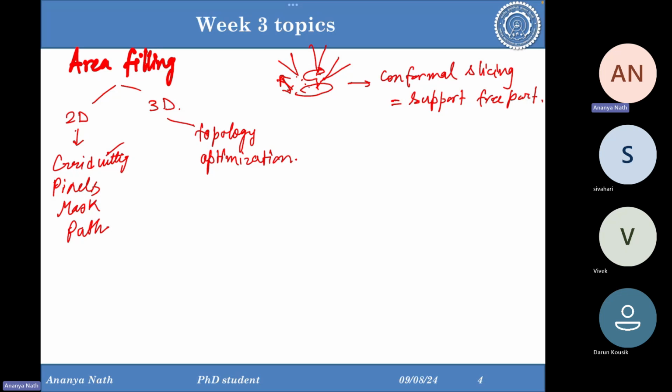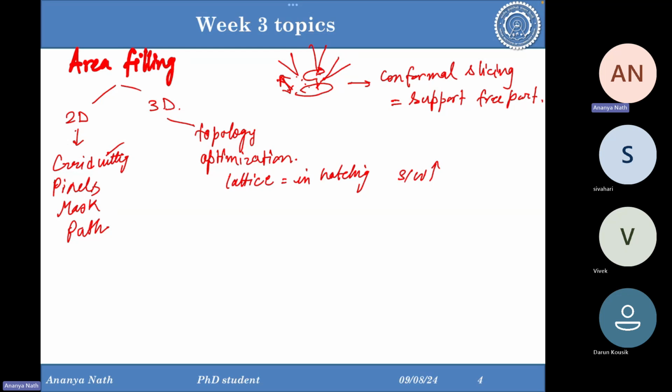But in uniform slicing or other types of slicing, in one layer, in all the regions wherever the material needs to be deposited, it will get deposited. So that is 2D deposition. This is 3D deposition. In 3D deposition, we can make lattice structures in hatching to increase the strength to weight ratio. So these are a few techniques of area filling.